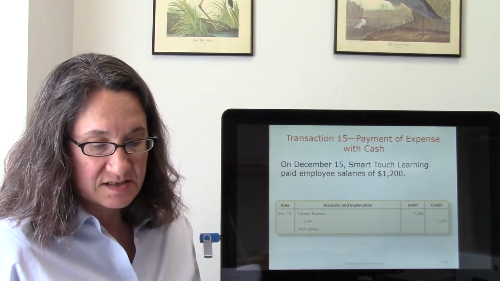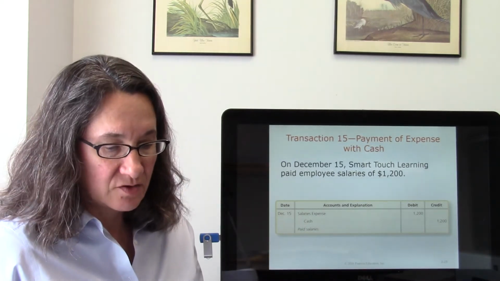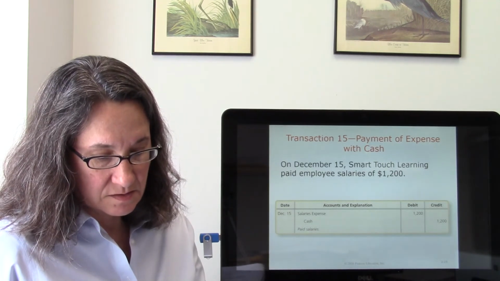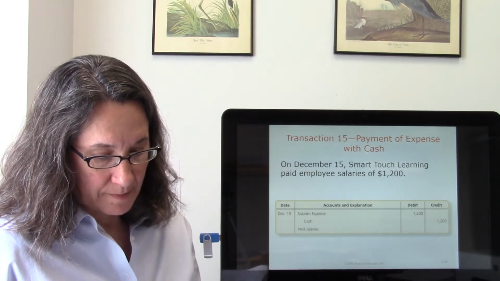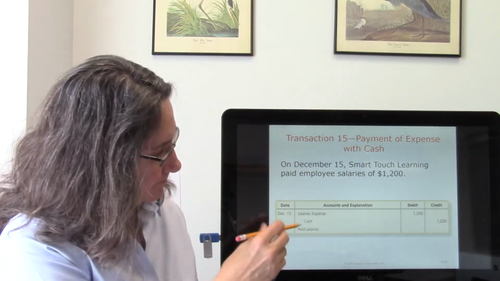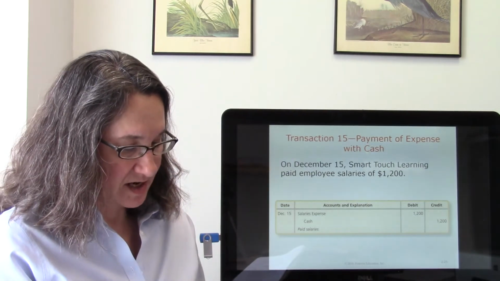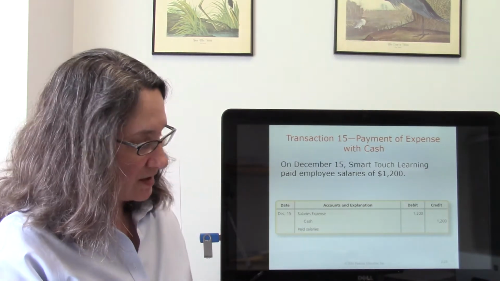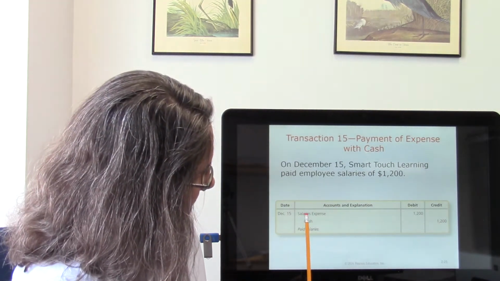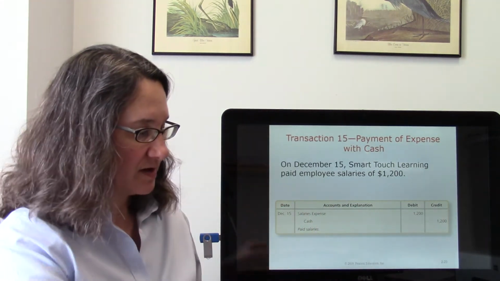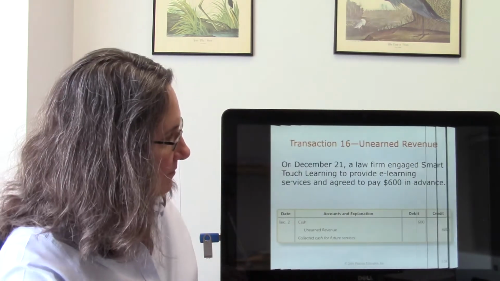Cash is an asset, so we know cash increases with debits, decreases with credits. So we've analyzed it. The cash account is decreased with a credit, salaries expense is increased with a debit, and equity is decreased. So salary expense, debit, cash, credit. Debits and credits balance, we're good.